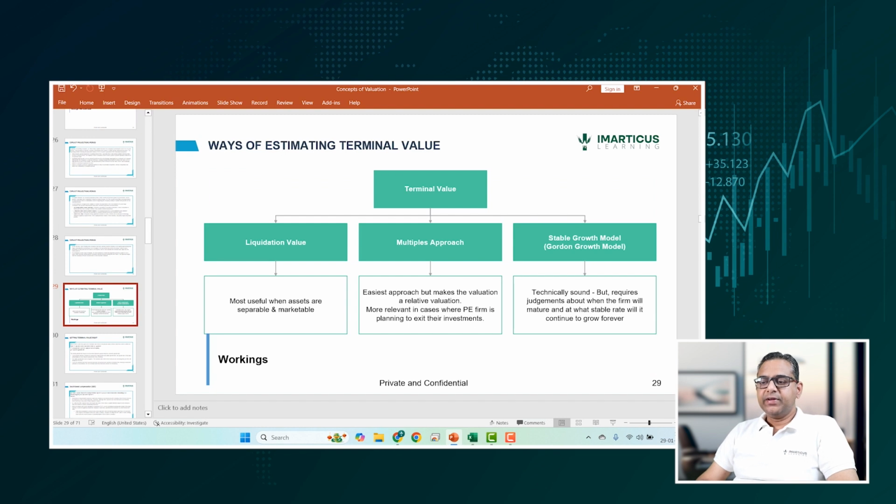Let's look at ways of estimating terminal value now. As we discussed, terminal value is a significant portion of the overall value of the firm, and estimating terminal value becomes very important because this can significantly impact the overall value of the firm we get. There are various ways to do it. One is liquidation value, most useful when assets are separable and marketable.